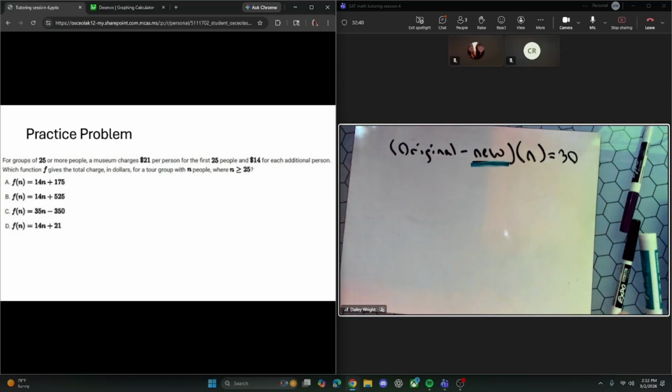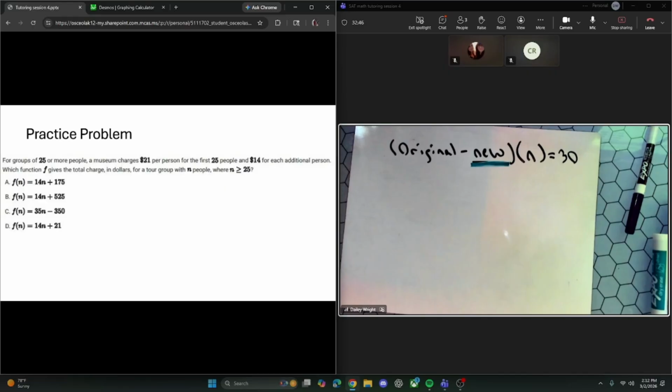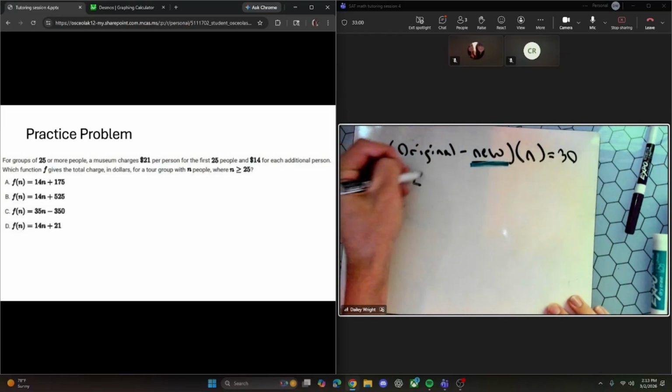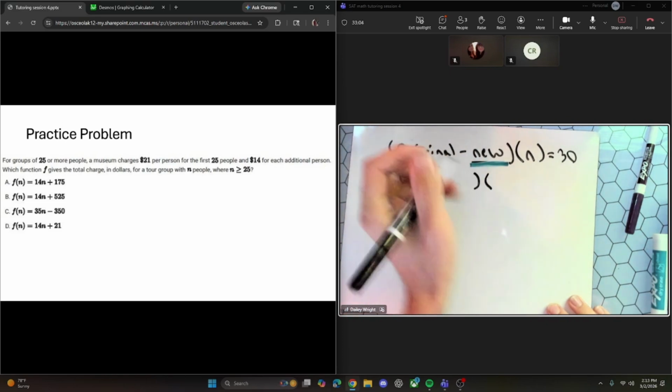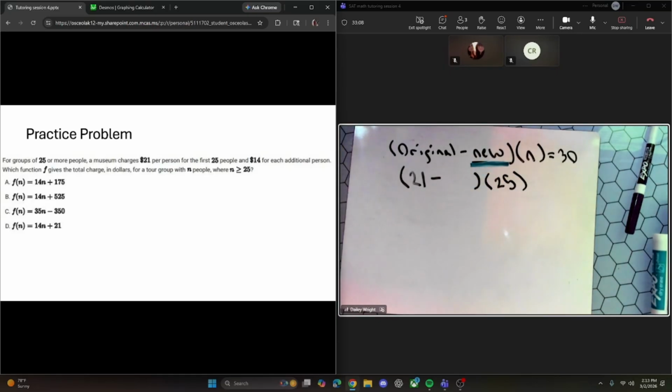So, if we go back here, we see that the original price is the charge for the first n amount of people. Let's figure out what that is. It says a museum charges $21 per person for the first 25 people. So you have your original and your n. Your original is 21, and your n is 25, because it's for the first n amount of people.